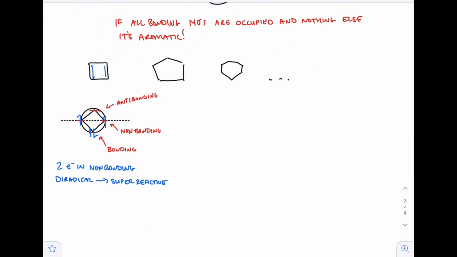Okay, so again, this is an explanation as to why anti-aromatic compounds are very reactive and not super stable. We can draw another example of this in a little bit, but what I want to do is draw, like I said, a bunch of those Frost circles with the different size rings.